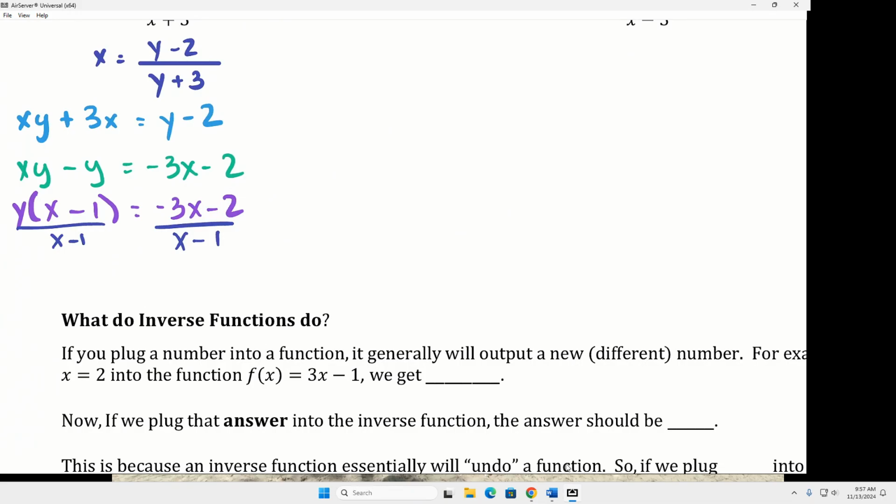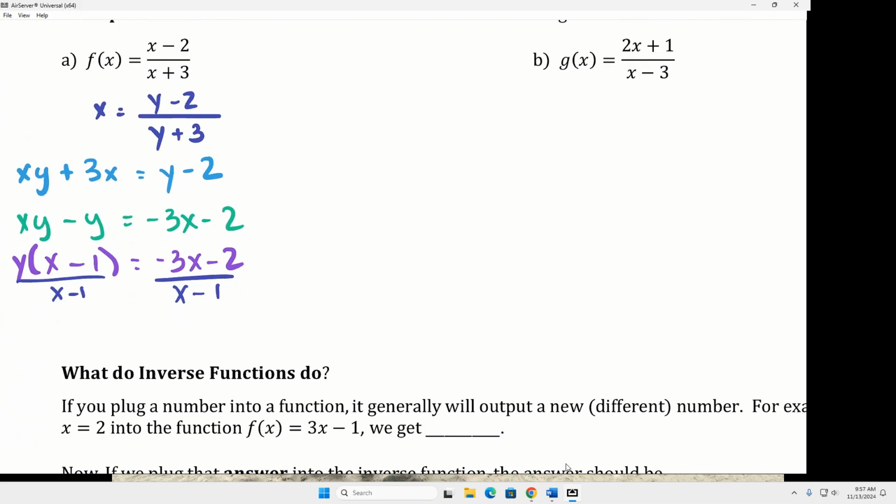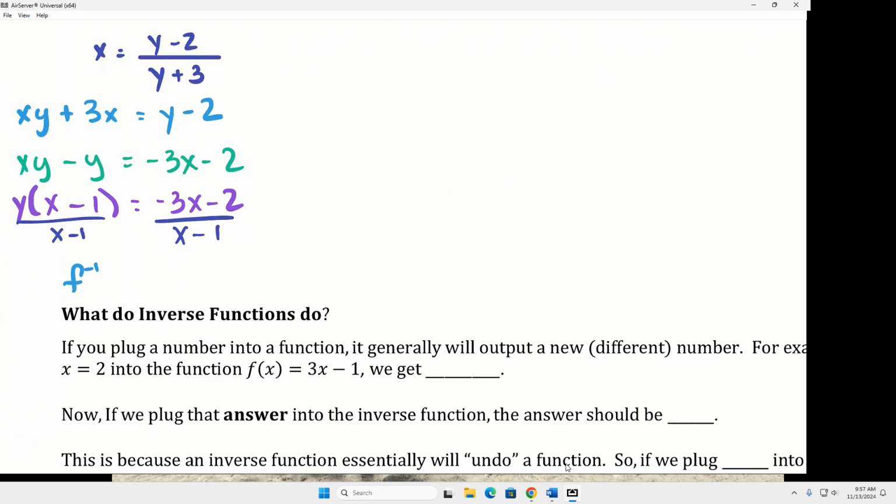Right? And then we're going to write our f inverse notation. All right. So that is the inverse.